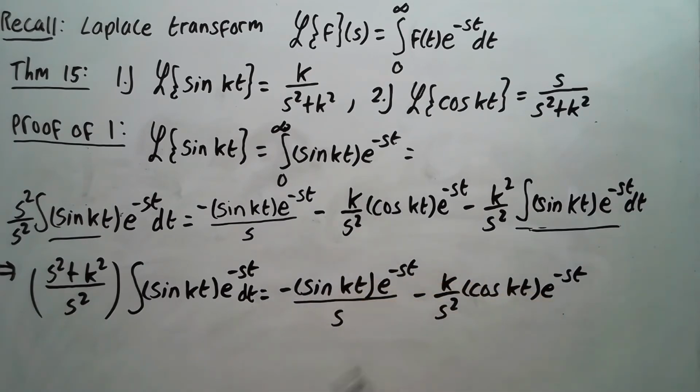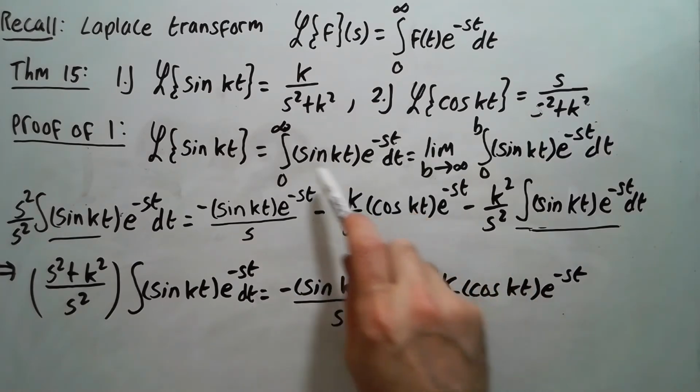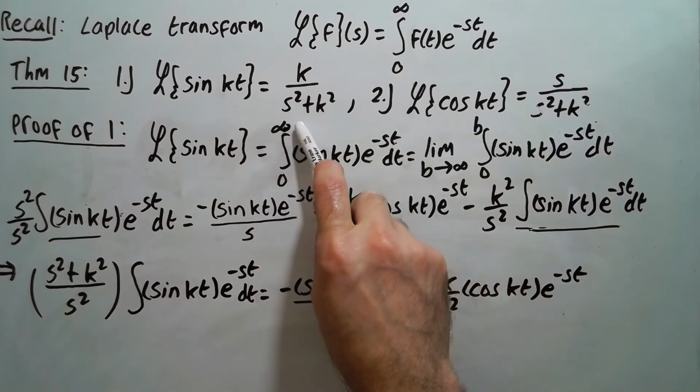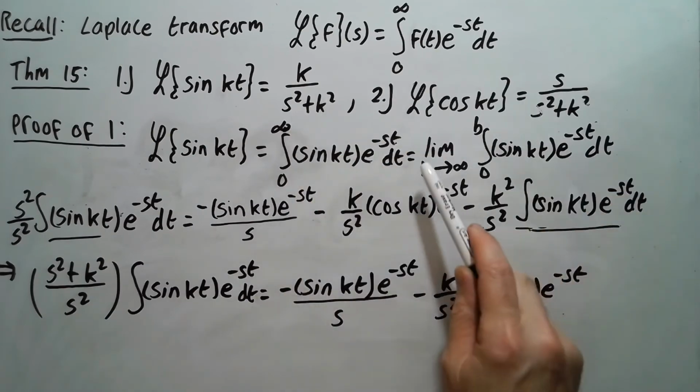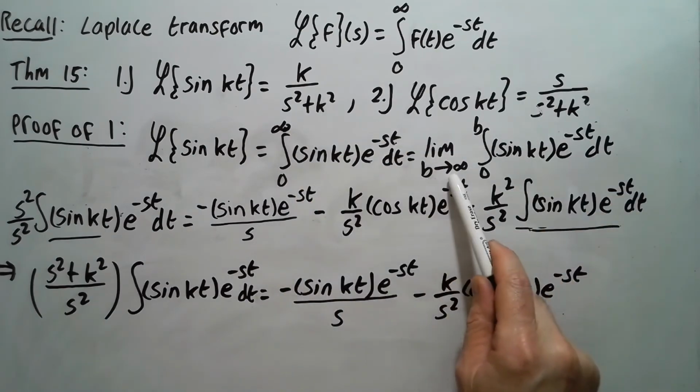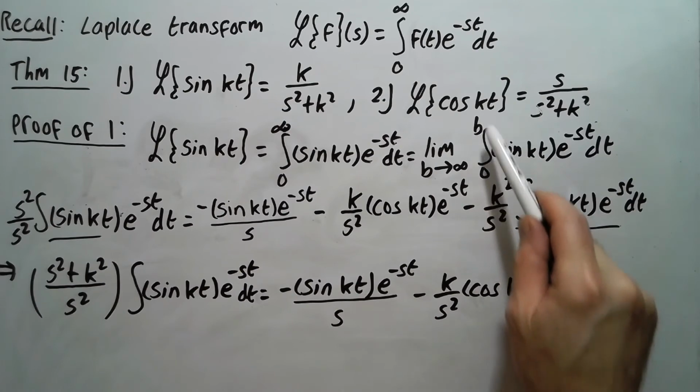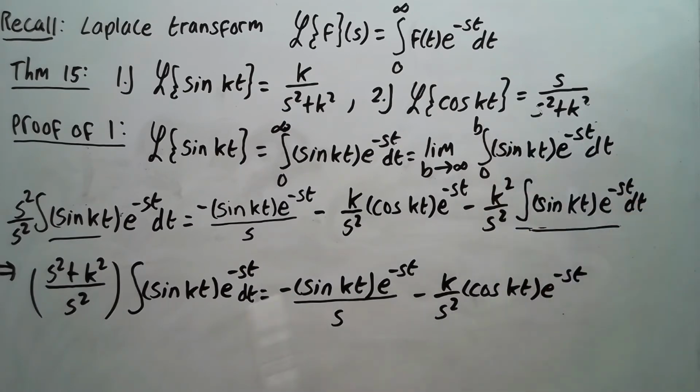So let's make an observation. The Laplacian is an improper integral because it goes to infinity as one of the limits. So we're going to write it as the limit as b goes to infinity of the integral from 0 to b. And then I'm going to write down here, using the fundamental theorem of calculus, the result, and I'll explain.